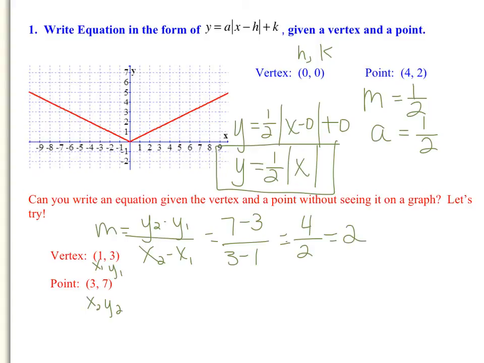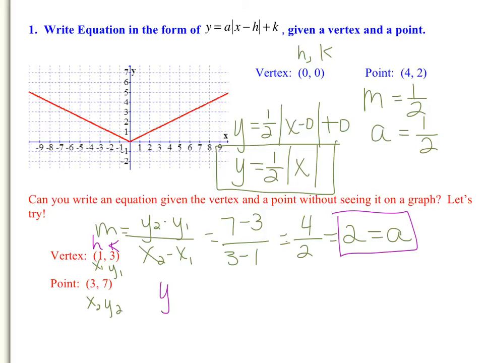So our slope, or our a value, is going to be 2. Now that we have our a value, let's go ahead and identify our h and k value. So to do that, we go back to the vertex, and the x-coordinate is the h value, and the y-coordinate is the k value. Now we are ready to write our equation.